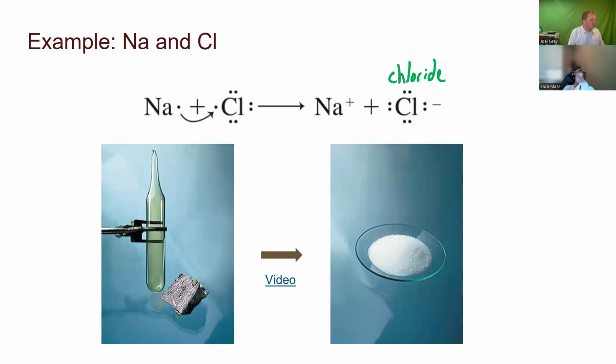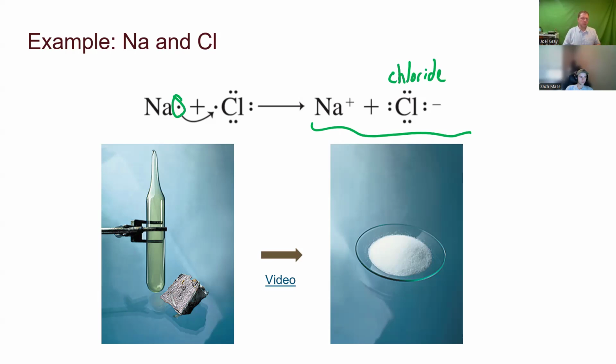I'm going to ask you, when we look at this model, is that electron something you would describe as being shared by both sodium and chlorine? Add a Y or N to the chat. And actually, sorry, pump the brakes on your answers.